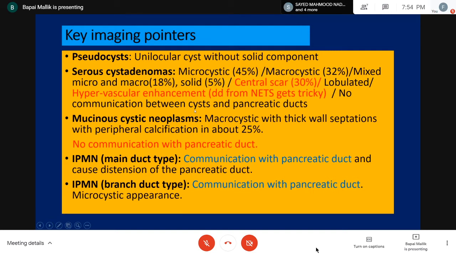Mucinous cystic neoplasms are macrocystic and the cysts have thick-walled septations, and in about 25% of cases there are peripheral calcifications. They do not communicate with the pancreatic duct. IPMNs, both types, communicate with the pancreatic duct. In the main duct type, there is distension of the major pancreatic duct, whereas in the branch duct type IPMN, they have more of a microcystic appearance.